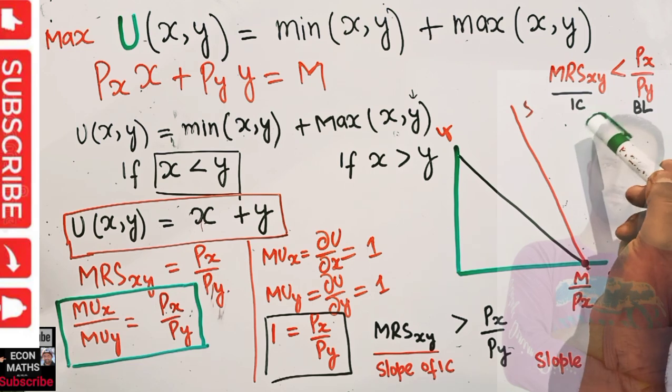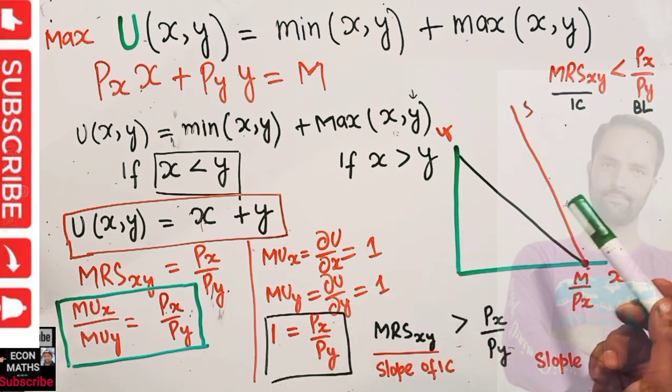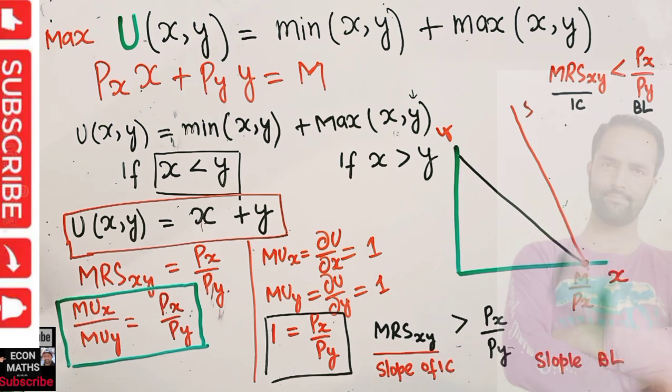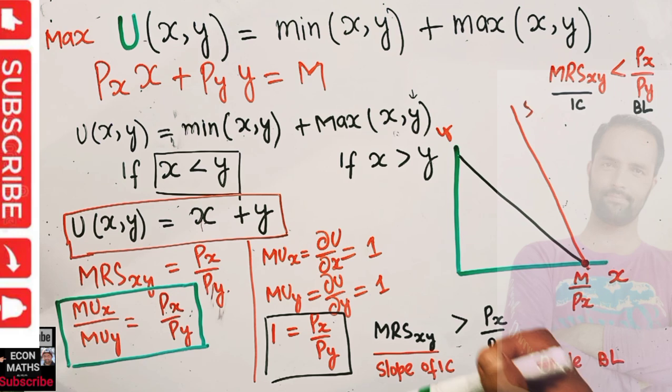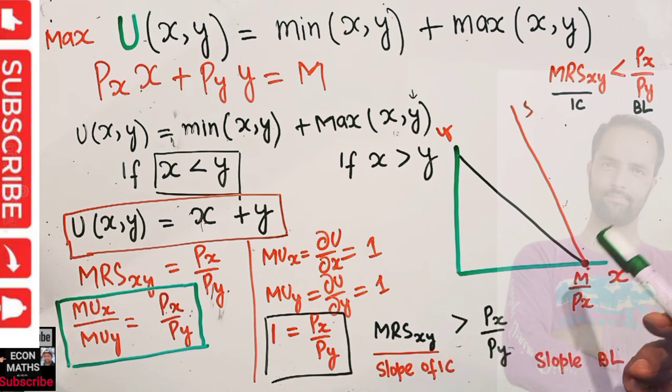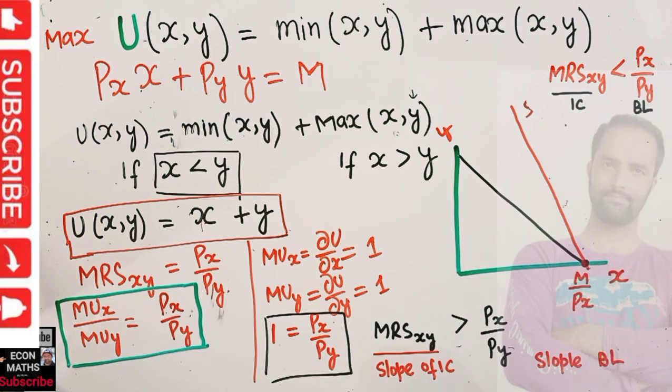So in this case our indifference curve will obviously be flatter than our budget line. Am I doing the things right or not?